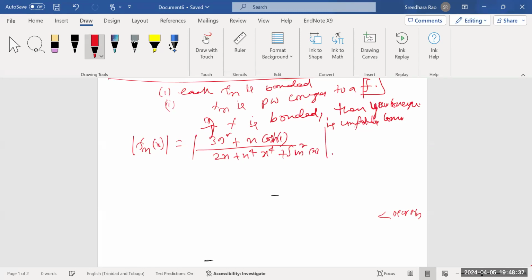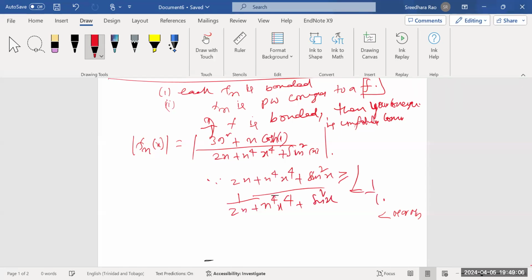You know that the denominator 2n plus n to the power of 4 times x to the power of 4 plus sine square x is greater than or equal to 1, and 1 over 2n plus n to the power of 4 times x to the power of 4 plus sine square x is less than 1 by n.